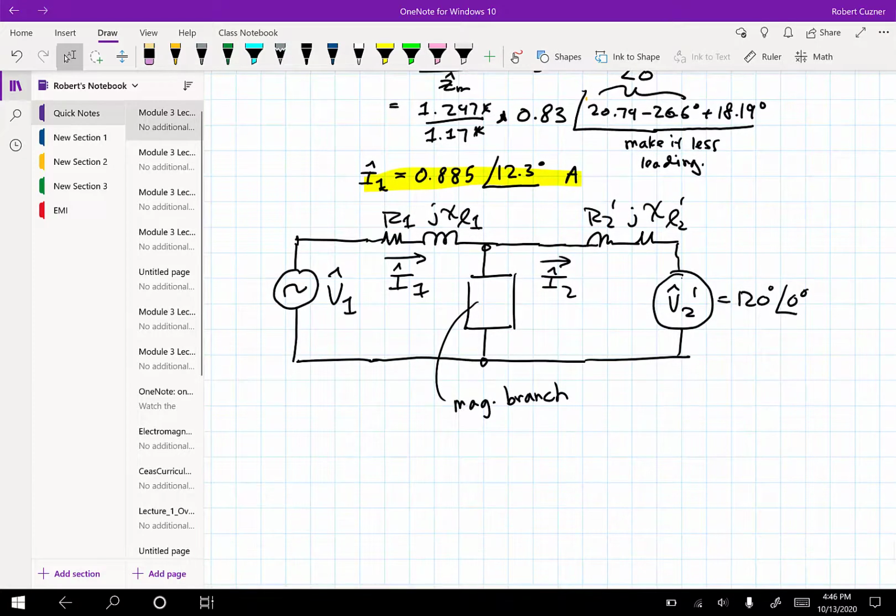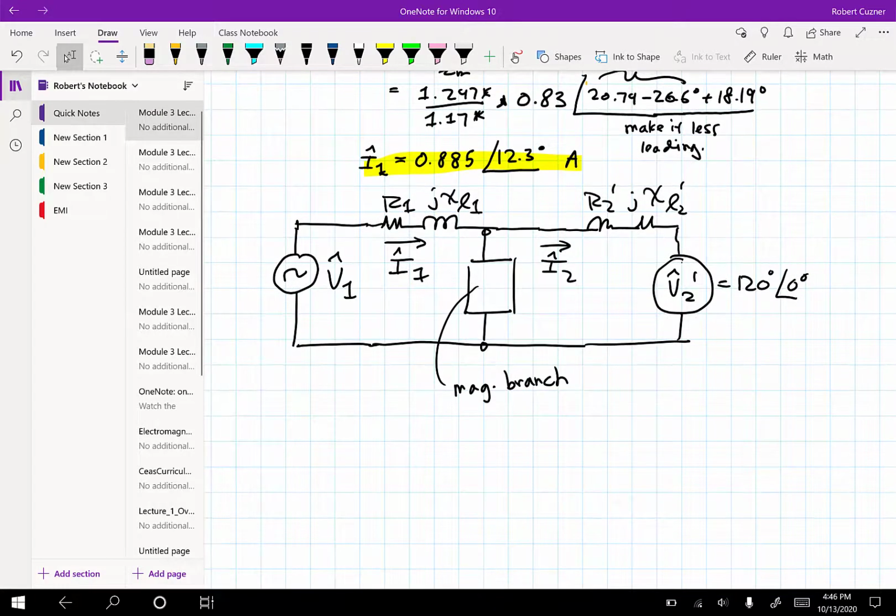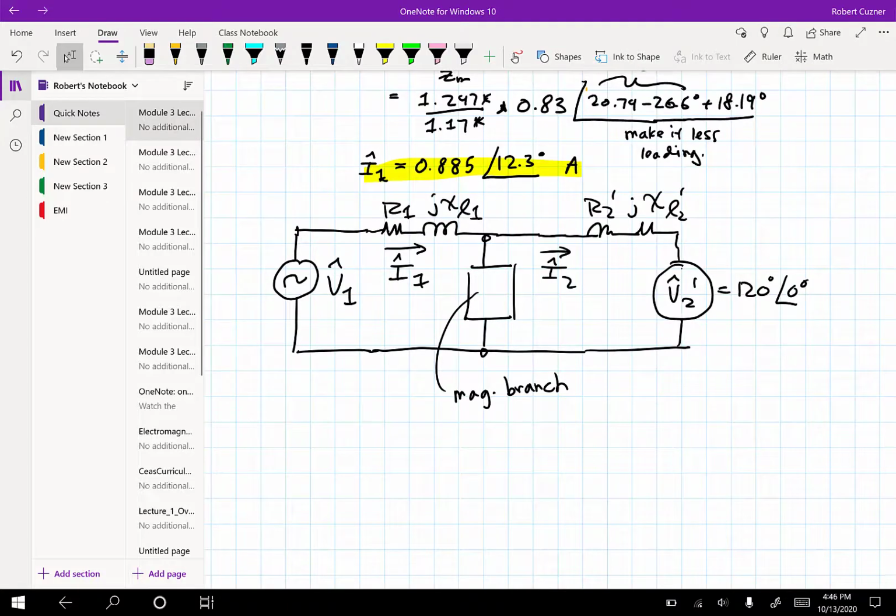Your reference angle doesn't always have to be at the source. It's where you'd use the power factor. And then we'd have a new power factor, which we've already found looking in here, right? So the power factor looking in here is going to be the cosine of 12.3 degrees leading, because it's positive.